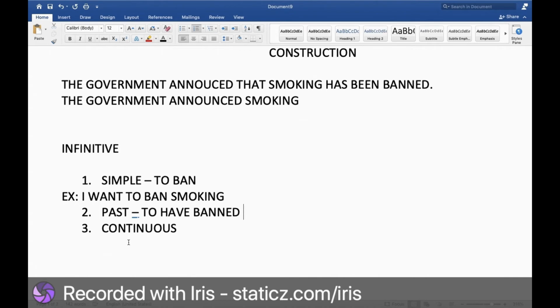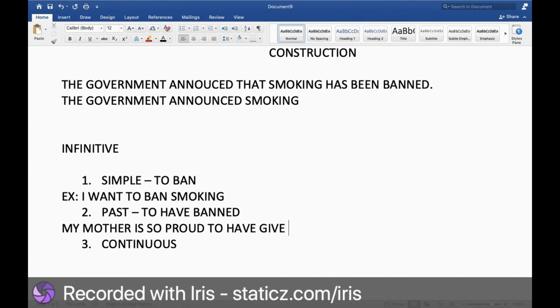This is not the perfect, but they call it perfect in the grammar book. I call it past because if something happened in the past, with all the perfect and all the past tenses, we use this form of infinitive. For example, my mother is so proud to have given me birth.